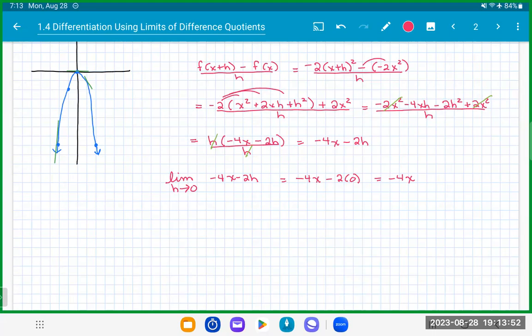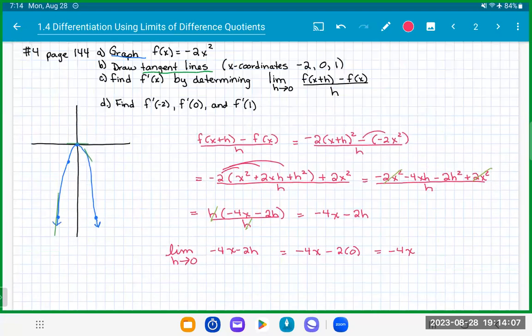So the last step that we have here is it wants us to find f prime. Remember, that means the derivative, which is what this is right here, right? It wants us to find it evaluated at -2. So evaluate this at -2, evaluate it at 0, and evaluate it at 1. Okay.